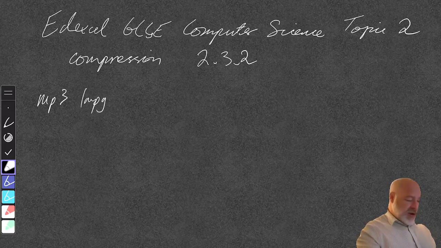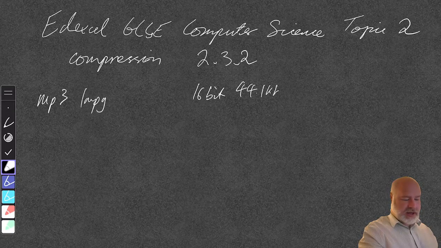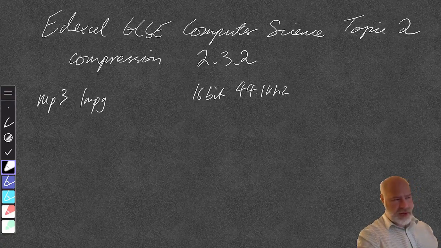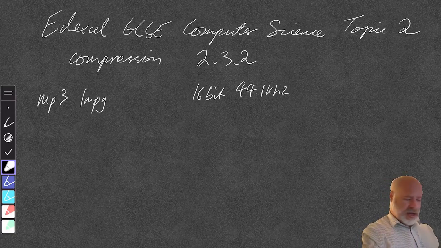So in the last video about sound, if we were recording, let's say, a 16-bit, 44.1 kilohertz, so the bit depth is 16-bit and the sample rate is 44.1 kilohertz, 3-minute track, we would be putting that on a CD as a WAV file.